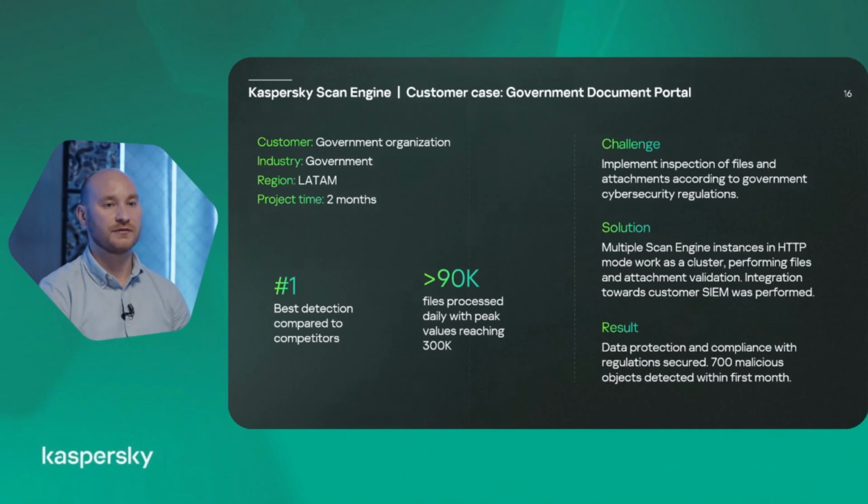So Scan Engine was deployed, multiple instances of Scan Engine were deployed working as a cluster, and Scan Engine performed file and attachment validation checking with all the suspicious, malicious files and attachments being automatically blocked.